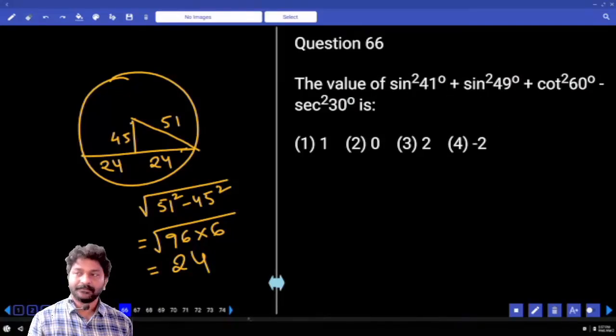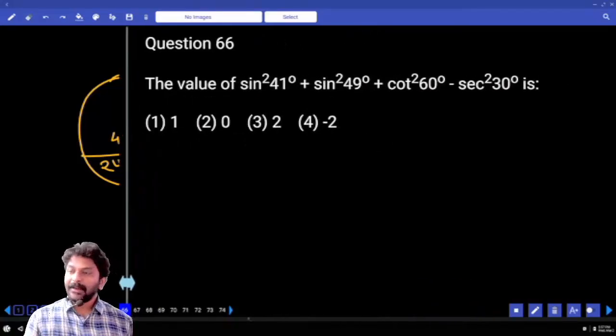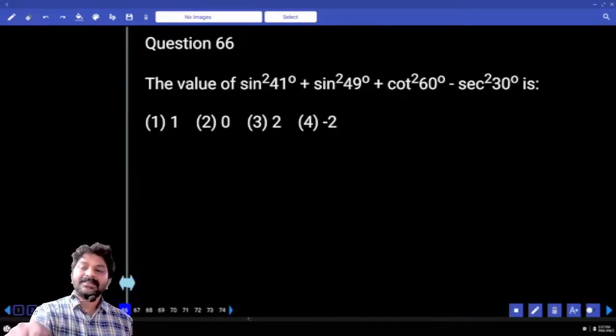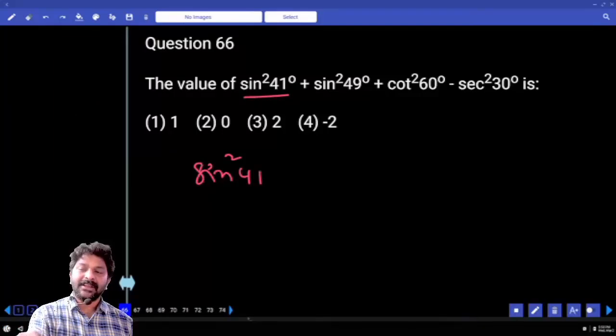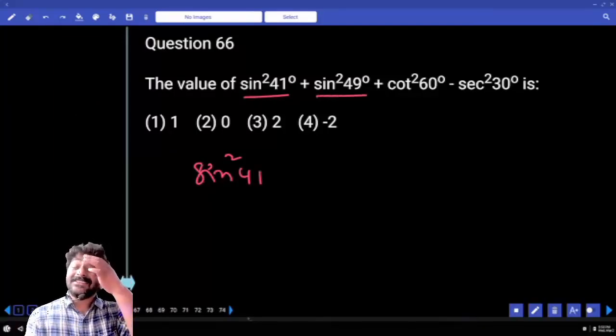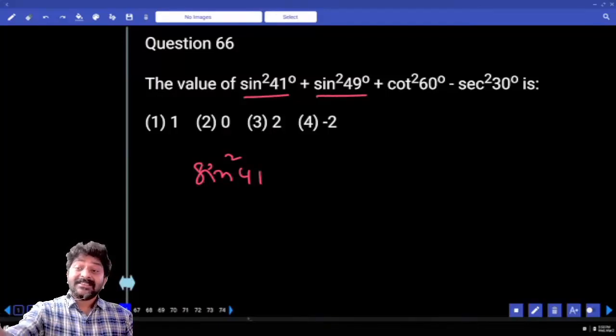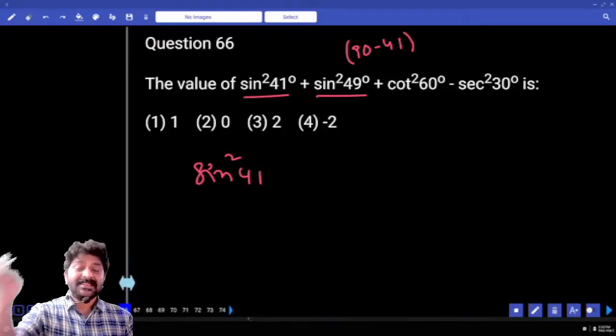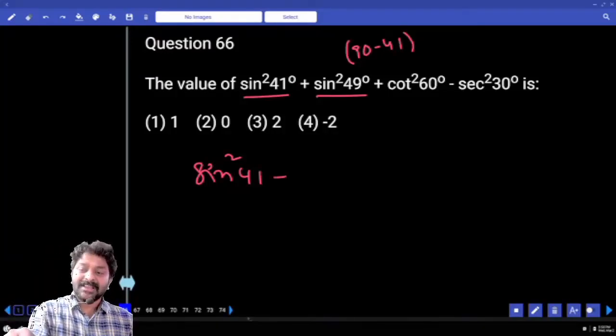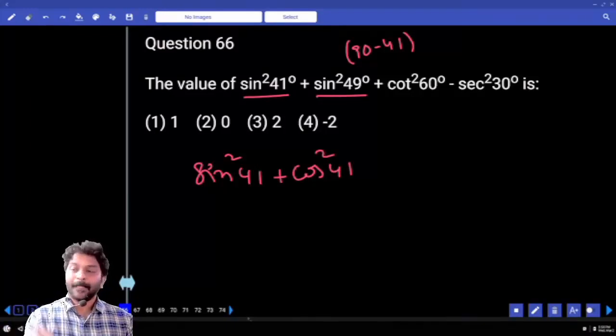Okay, now. Right. So now look at this. This I will not change. Sine square 41 degrees. Can we write this as sine square of 90 minus 49 degrees? That means that is equal to cos square 41.